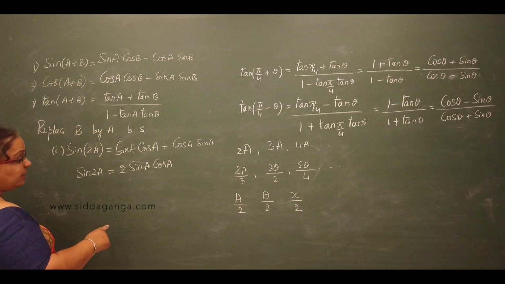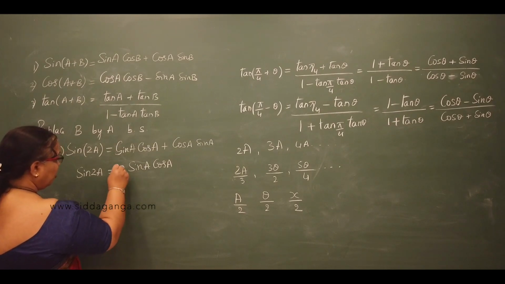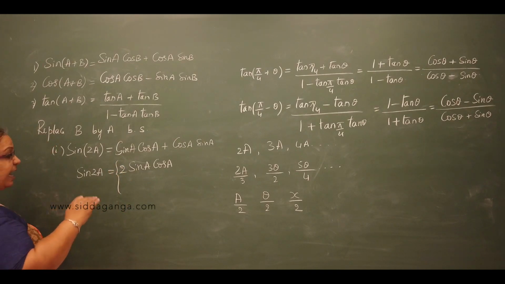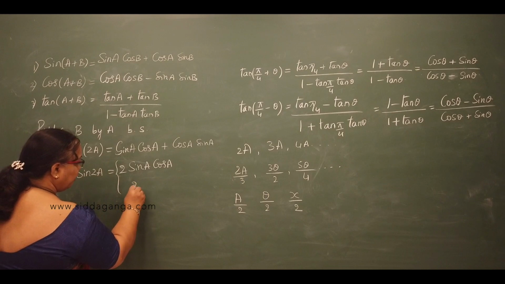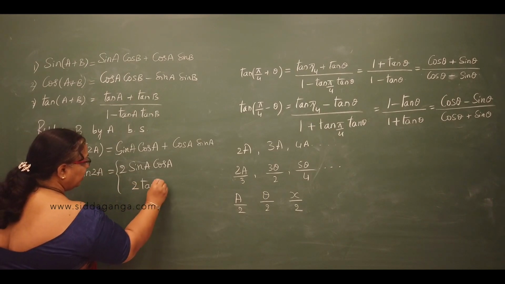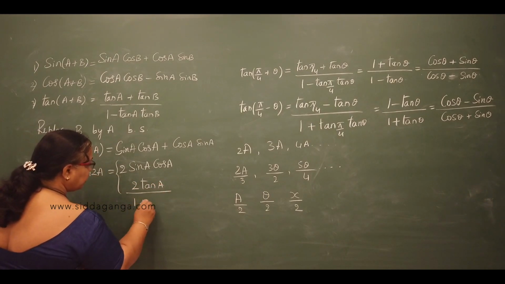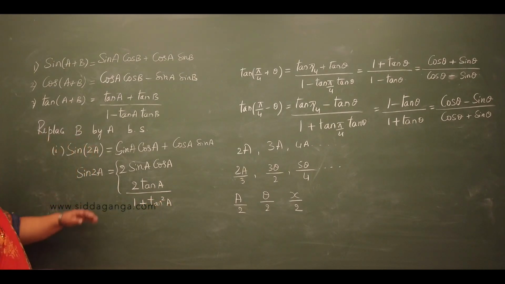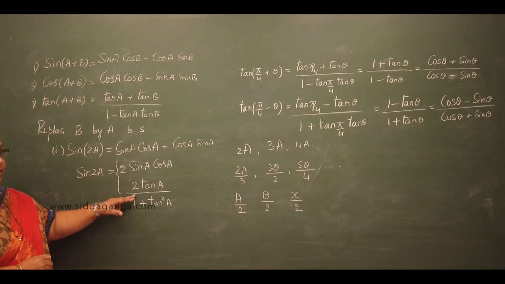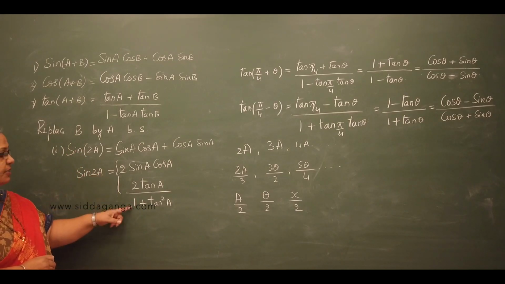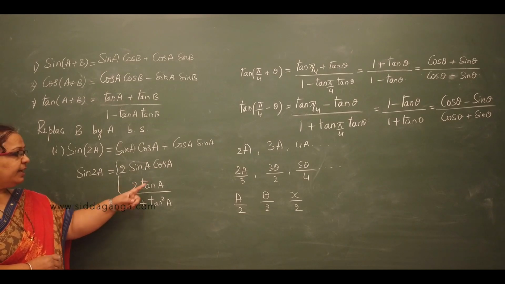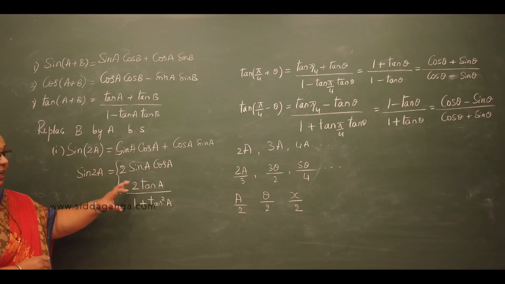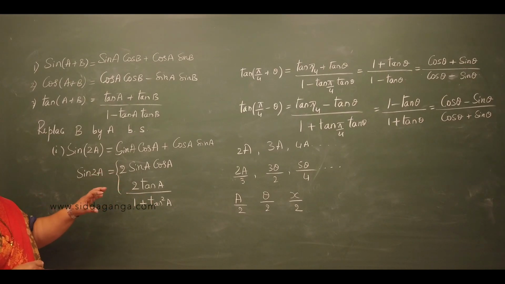And the formula only in terms of the tan ratio is 2 times tan A divided by 1 plus tan square A. So sine 2A can be expressed as 2 times tan A divided by 1 plus tan square A.